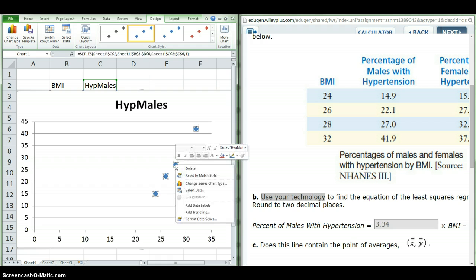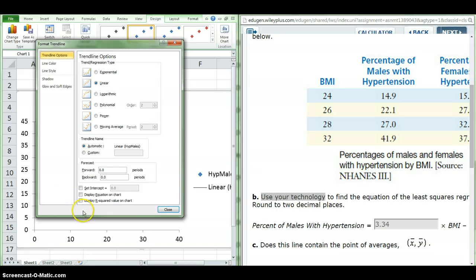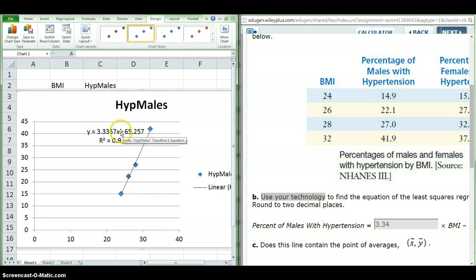I right click on one of the data points, left click on Add Trendline, and I realize you can't see this very well, but the very last 2 options give me Display Equation and Display R-Squared. That's what we'll use most of the time. I'm going to drag it out to the white here so I can see better. And this is giving me my regression line. So you can see they've drawn that line as a segment here, and then they give me the equation for that.